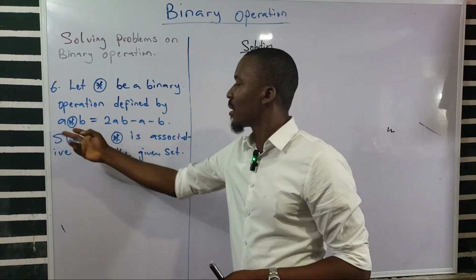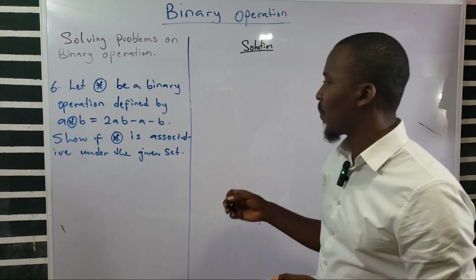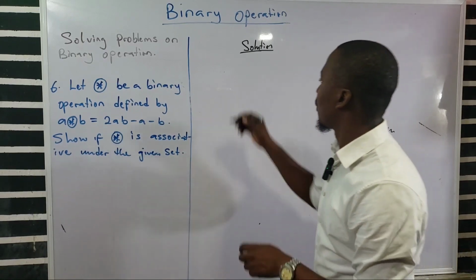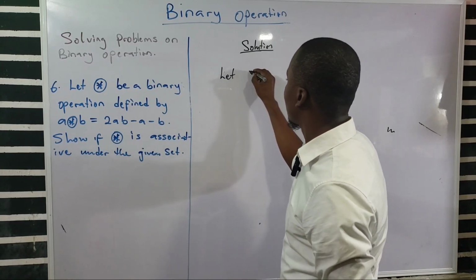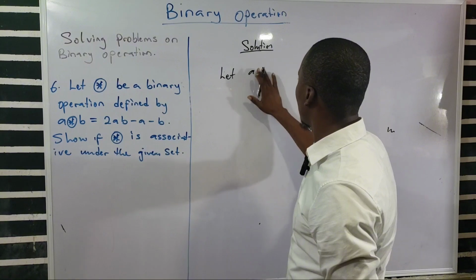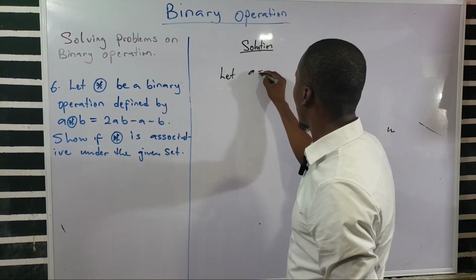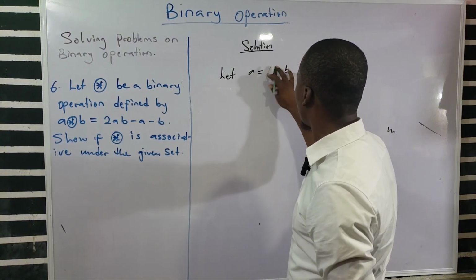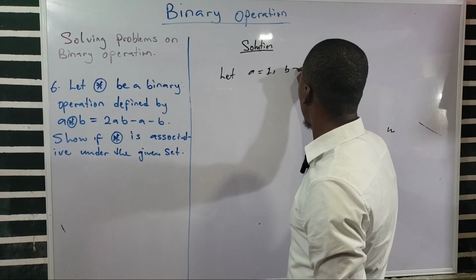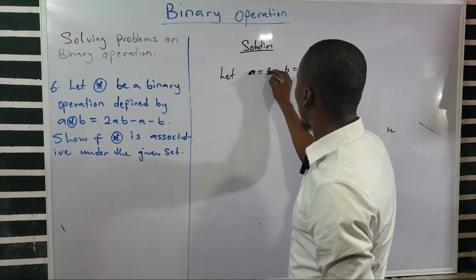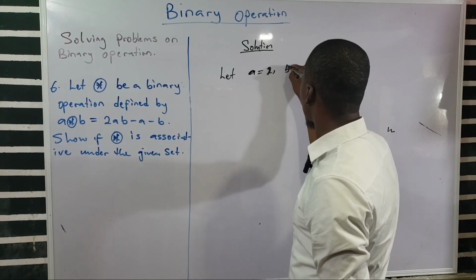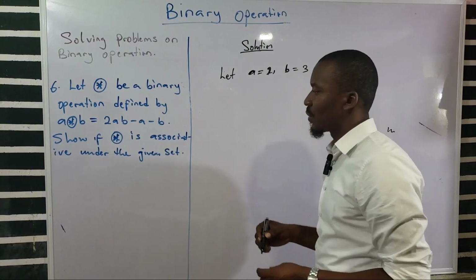So I'm going to pick A and B to be numbers under the given set. So let A equal 2 and B equal 3.